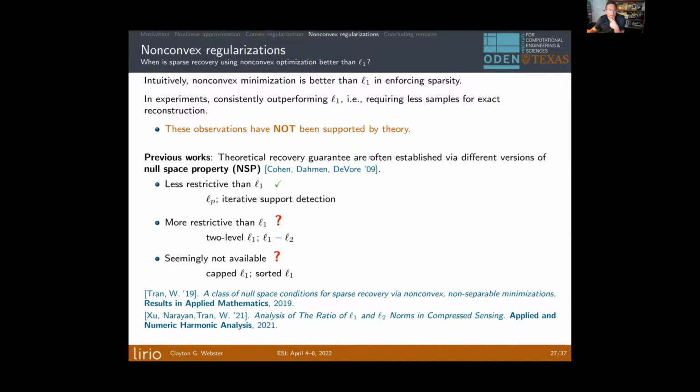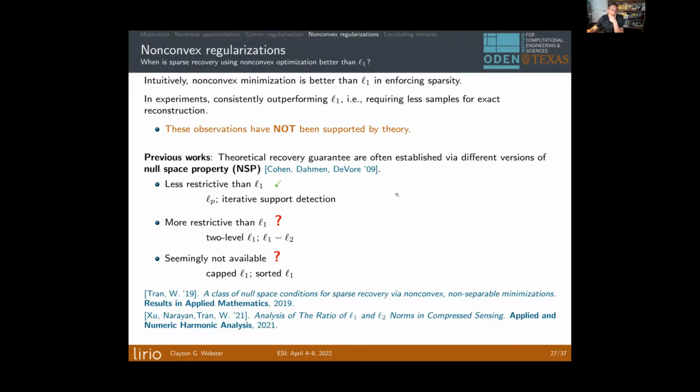Previously, there are theoretical guarantees, and in general these are established through various versions of null space properties, originally introduced in the Cohen-Dahmen-DeVore paper from 2009. Theory does exist to show that certain LP approximations, P less than 1, are less restrictive than L1.